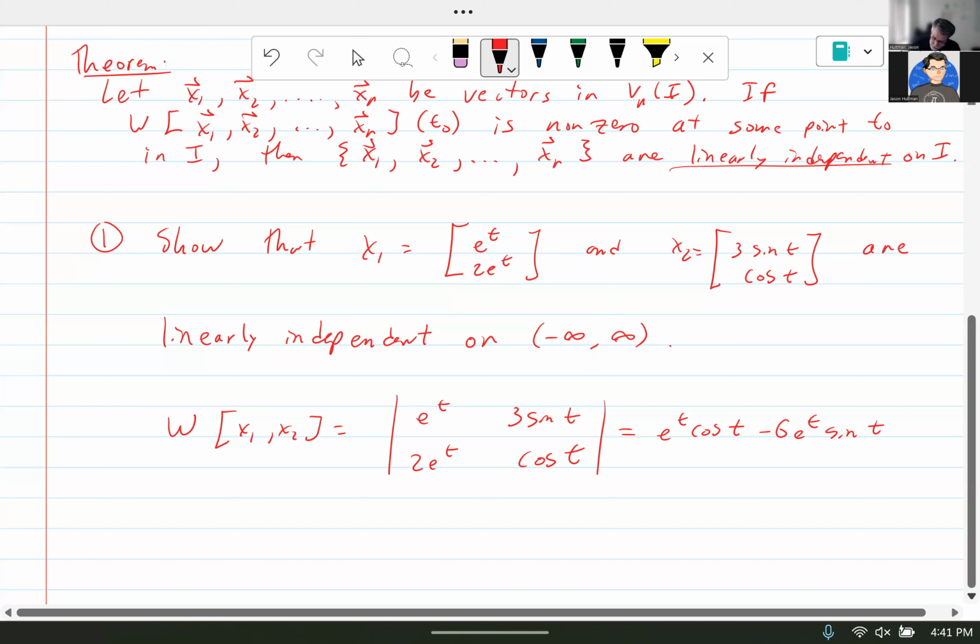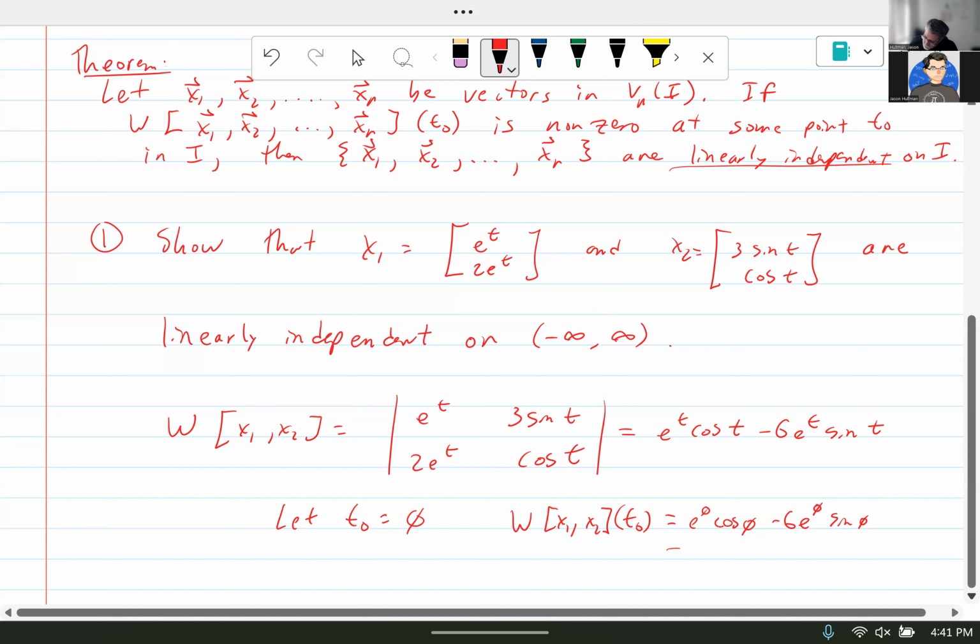Okay, so let t naught be equal to, say, 0. Then W of x1, x2 at t naught is equal to e to the 0 cosine 0 minus 6e to the 0 sine 0.